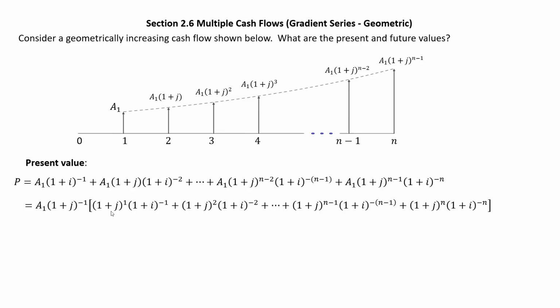And when I did that, the inside stuff ended up being (1 plus j) to the 1 times (1 plus i) to the negative 1, (1 plus j) squared times (1 plus i) to the negative 2. So the whole idea is that the powers of (1 plus j) and (1 plus i) are numerically the same, even though one is positive and the other one is negative. That kind of made stuff easy for me, I think.